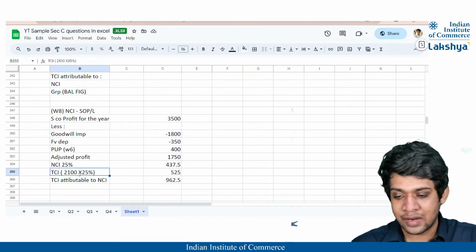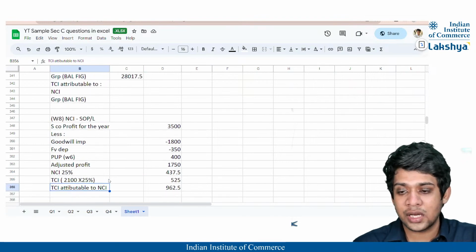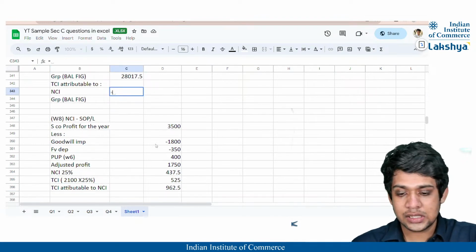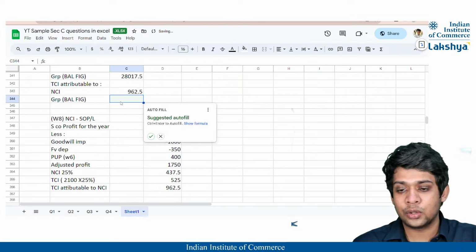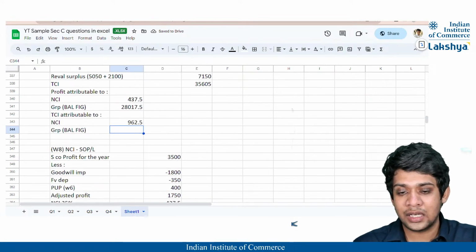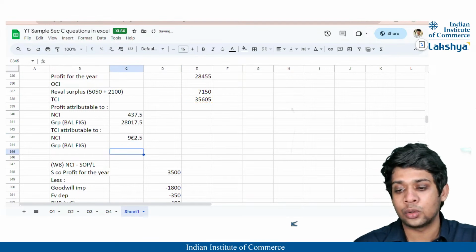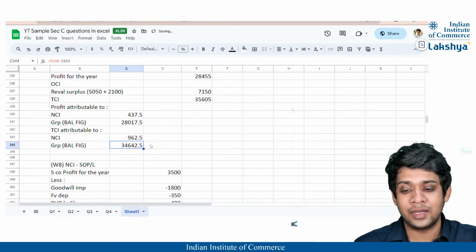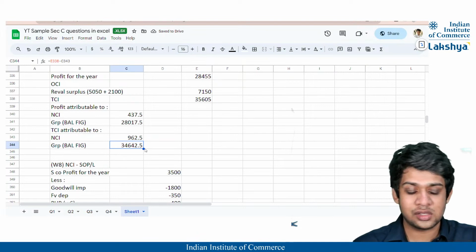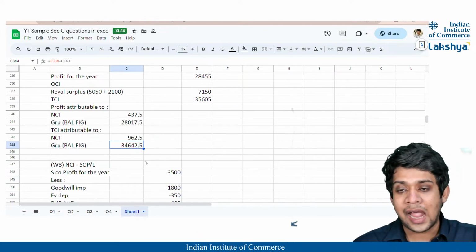So the post acquisition valuation is nothing but 2100, out of which 525 is allocated to the total comprehensive income. Thus, here the total value to non-controlling interest will be 962.5, and to the group will be nothing but the balancing figure, that is total comprehensive income minus the value allocated to the non-controlling interest, which will be this value.